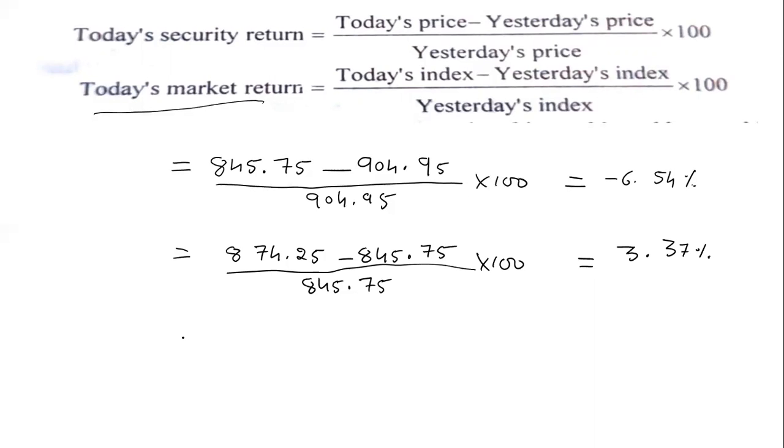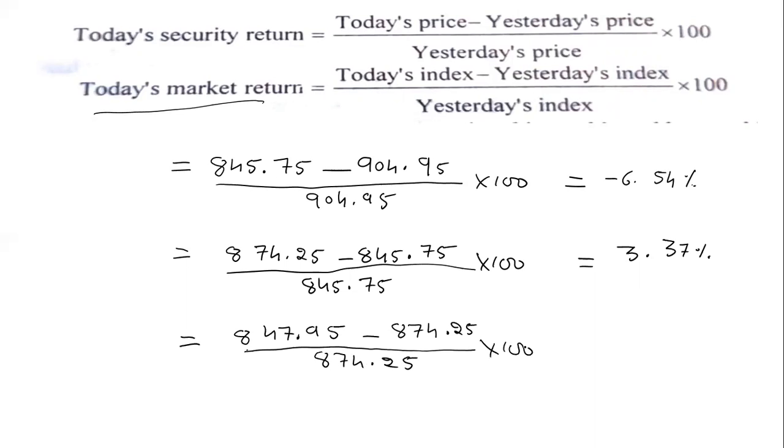Now calculating it for the third day, that is October 8. Today's price will become 847.95 minus 874.25, which is yesterday's price, divided by 874.25 into 100.